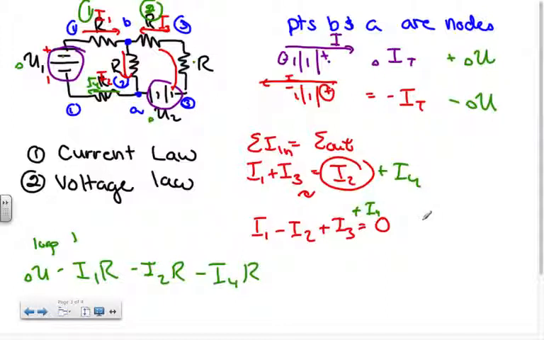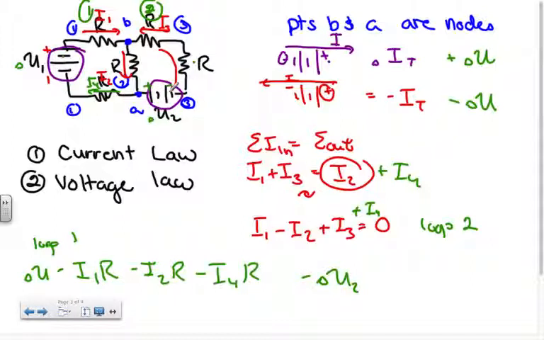So for loop 2, I set it up this way. Negative delta U sub 2. Why? Because in this situation, we're stacking the deck.